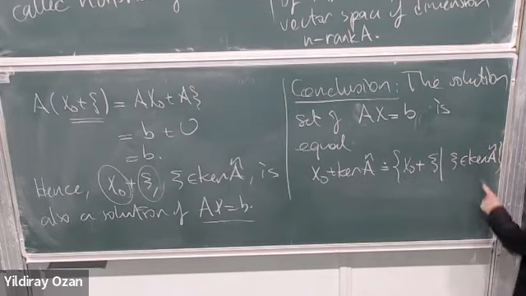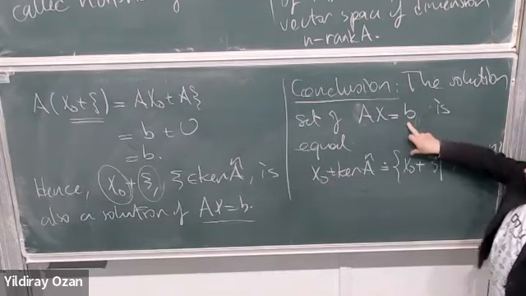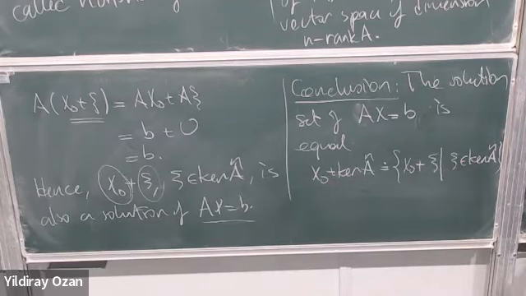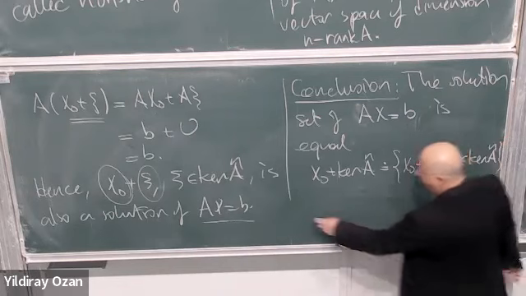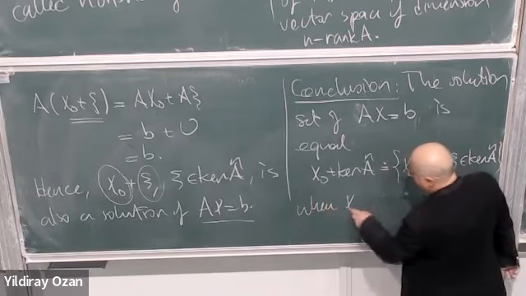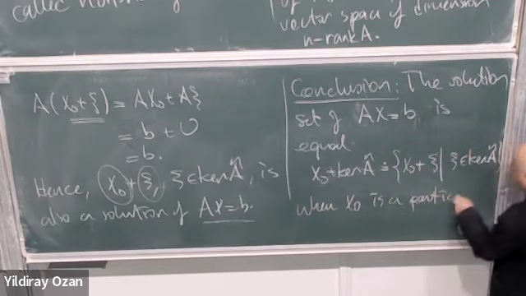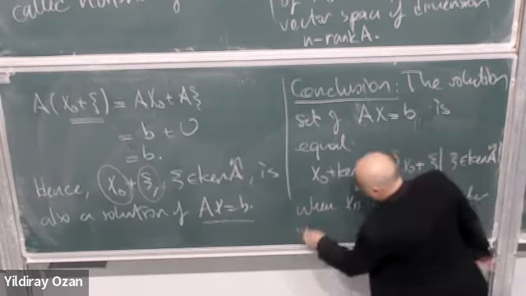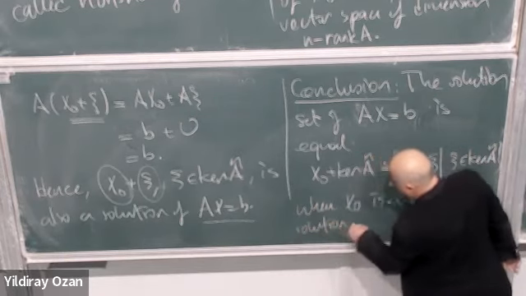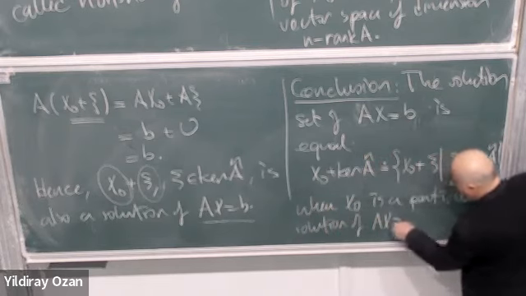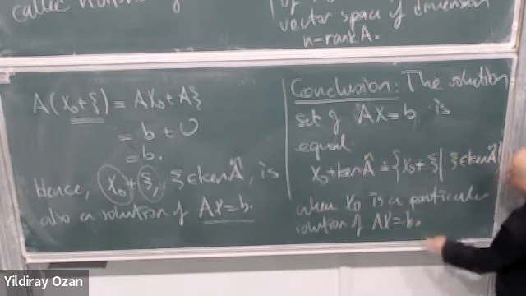So this thing is just the solution space of this, where x0 is a particular solution of Ax equals b.